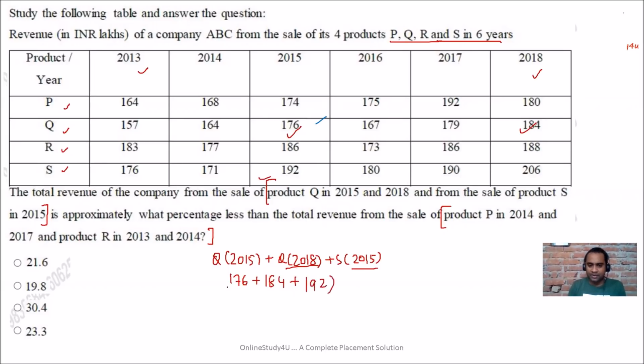Now this is going to be compared with product P in 2014, which is 168, plus product P in 2017, which is 192, plus R in 2013, which is 183, plus R in 2014, which is equal to 177.